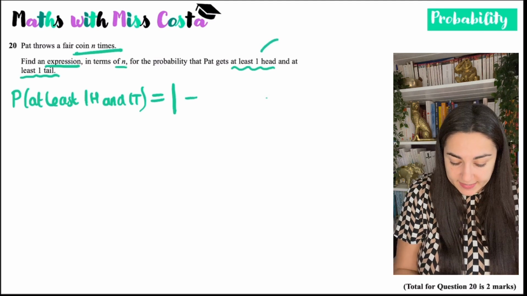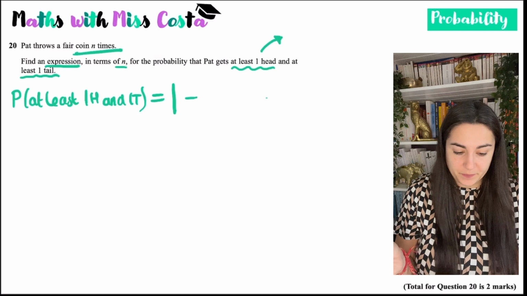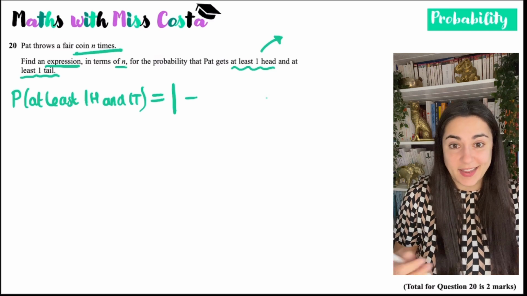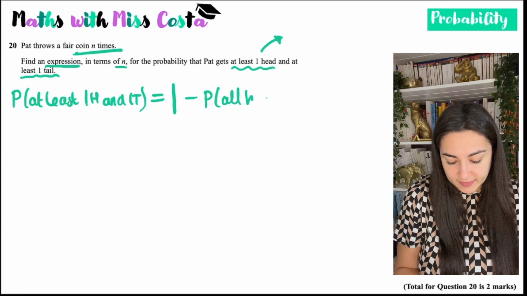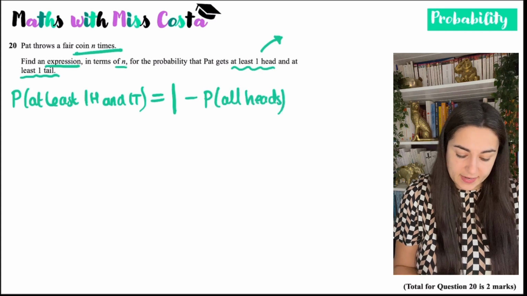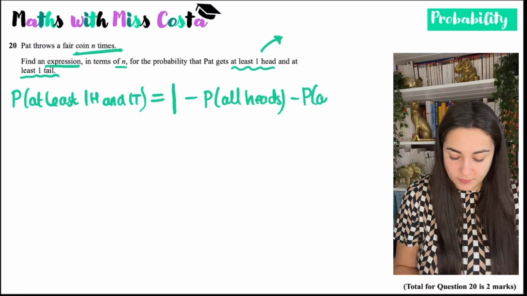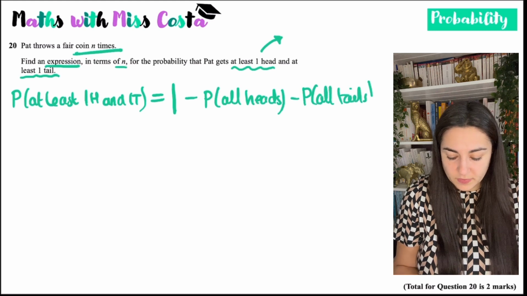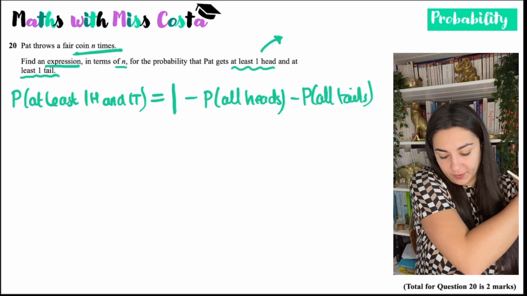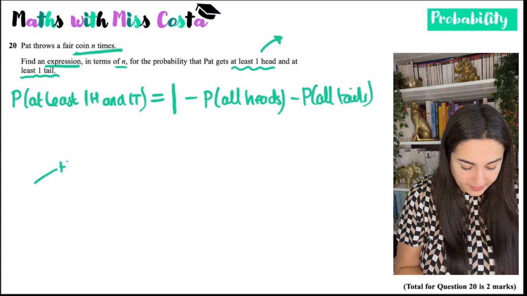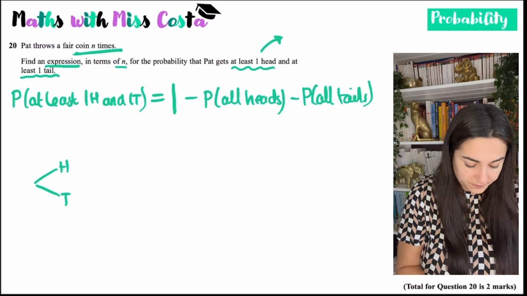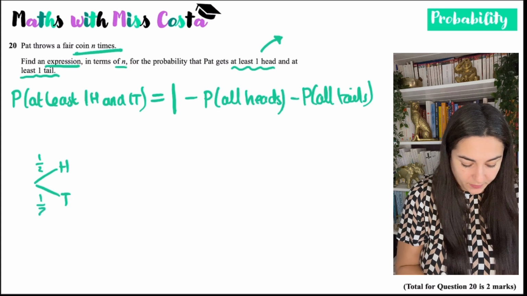So to get at least one head, I would need the probability of getting heads all the time. So the probability of all heads, and take the probability of also getting all tails. So how could I work that out? Well, I know that the probability of getting a head at any given time is a half, same as the tail.